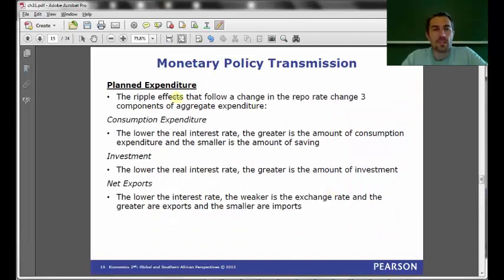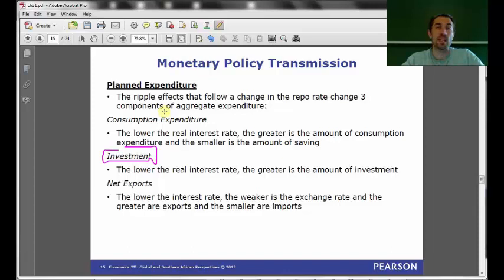What happens to planned expenditure? Well, the ripple effects that follow a change in the repo rate change three components of aggregate expenditure: consumption, investment, and net exports. The primary interest rate effect that we talk about is the investment interest rate effect. But of course, if consumption is sensitive to interest rate changes, then consumption would also change.